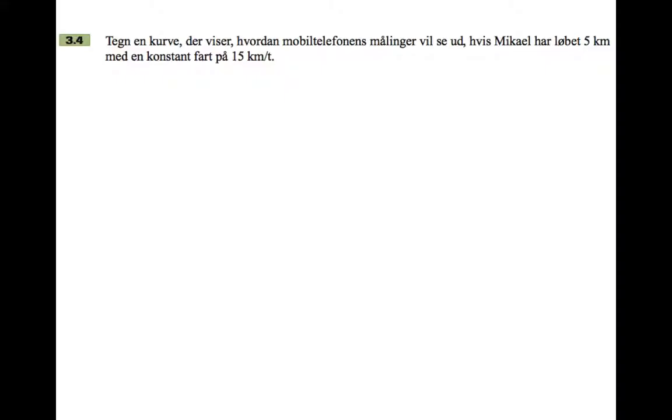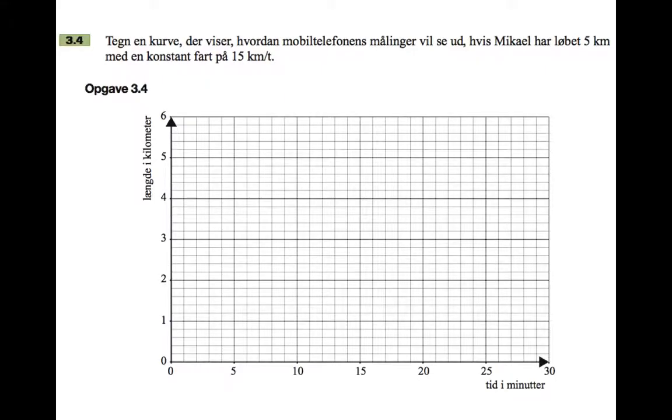Question 3.4, draw a curve that shows how the mobile telephone's measurements would look if Mikhail had run 5 kilometers at a constant speed of 15 kilometers per hour. Okay, so I'm looking at my graph now, and I'm going to my rough paper, and I'm saying, okay, 15 kilometers per hour, that's 15 kilometers in 1 hour. If he did 15 kilometers in 1 hour, then he would be doing 5 kilometers in 20 minutes.